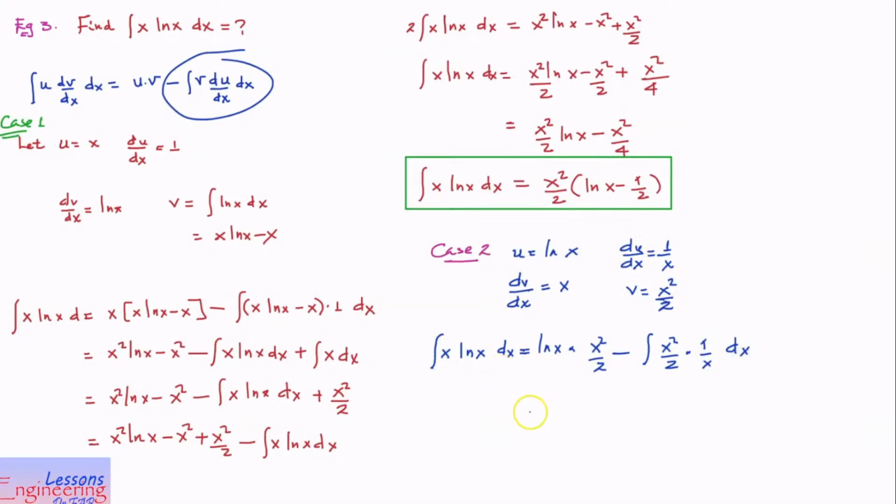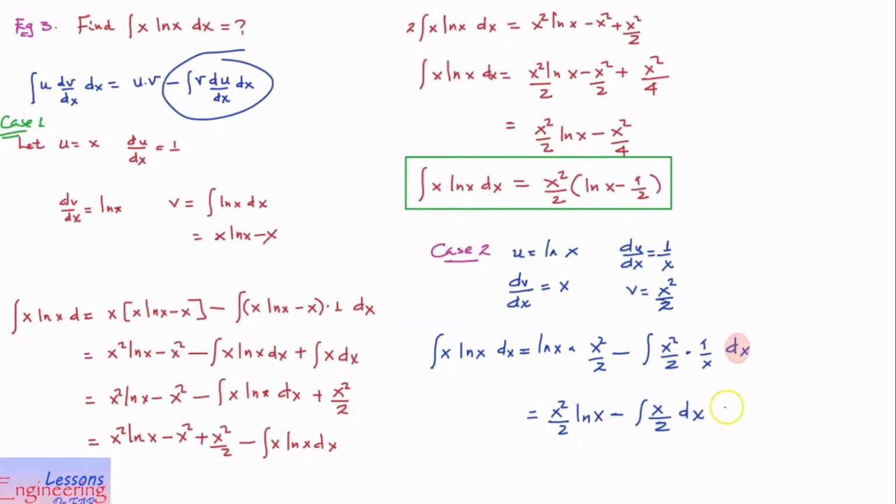Okay, so this equals x squared over 2 ln x minus the integral of x over 2 dx.